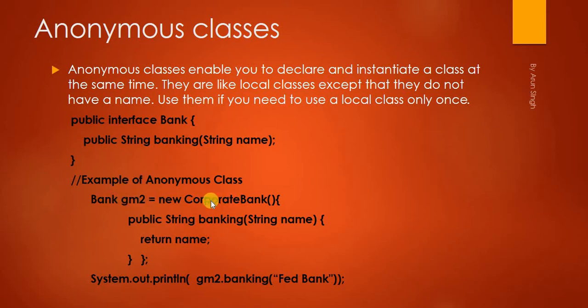Within this CorporateBank, I am implementing the abstract method that I have put in my interface Bank, here in an anonymous class. And now I am just going to print out this working as GM.